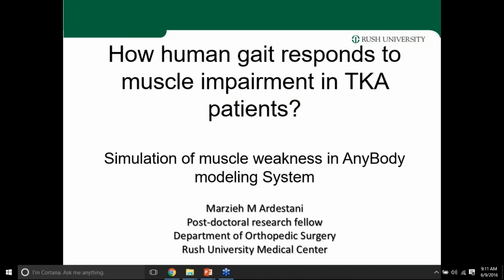So I'm trying to use musculoskeletal modeling in order to predict the outcome of rehabilitation or to predict the outcome of surgery. Today's talk is about how to use the AnyBody musculoskeletal system in order to simulate muscle impairment and then estimate how muscle impairment can affect humans' gait in total knee replacement patients.